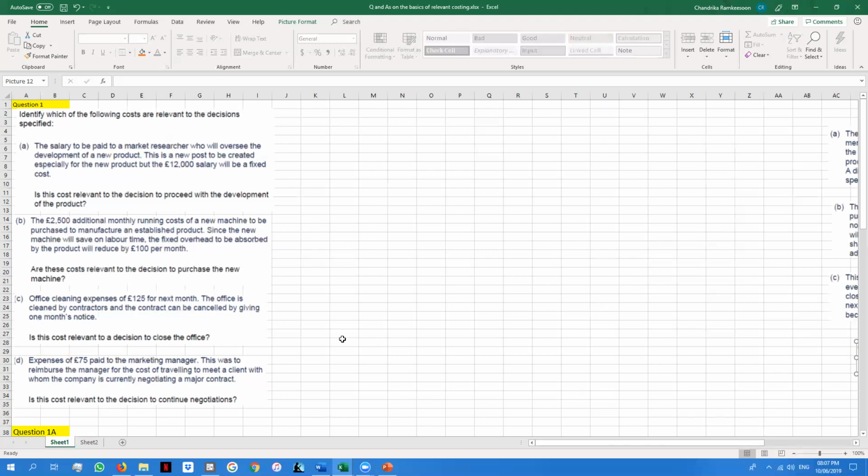But if the additional 20,000 units are to be produced and sold, the same 30,000 remains the same in total, but it will then be apportioned over 120,000 units. But it's not relevant to the decision.